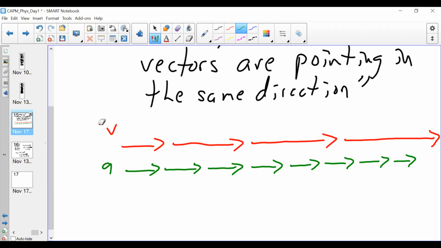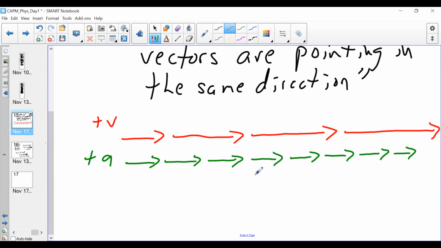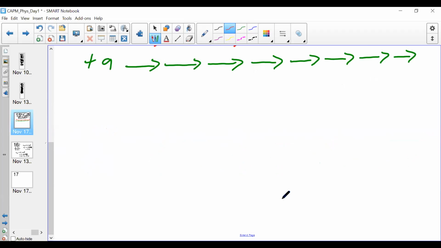In this case, both the velocity and acceleration vectors are towards the east, or they're both positive. Now, of course, they could be both negative. I'll just do going to the west here as we depict west.